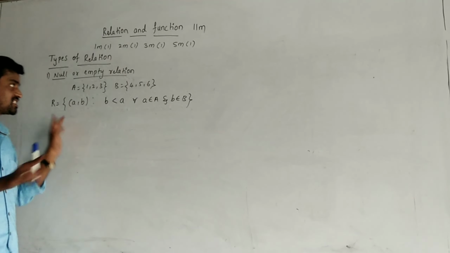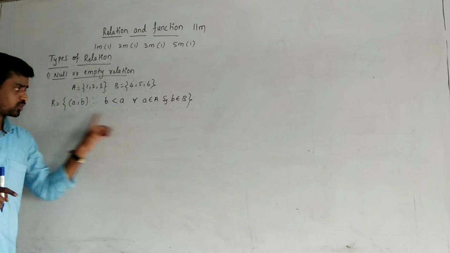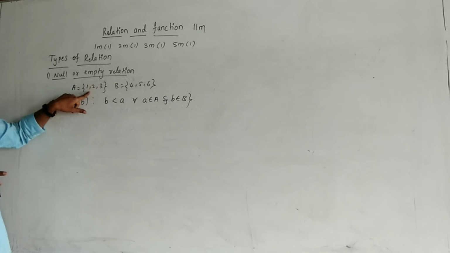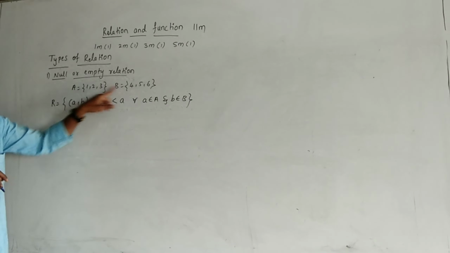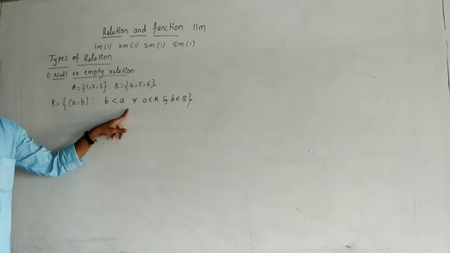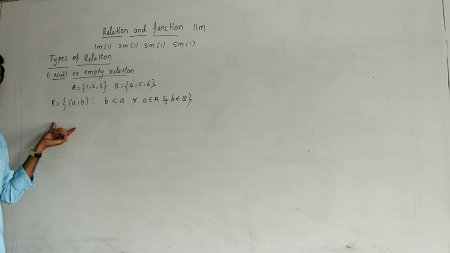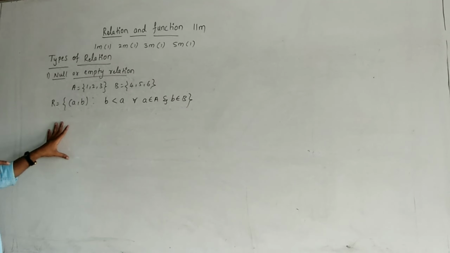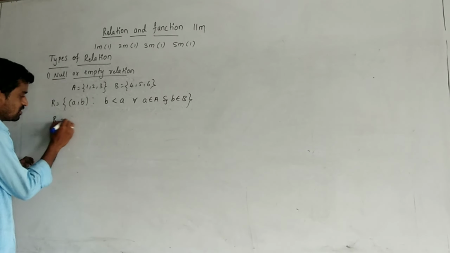A relation in which it is impossible to write any ordered pair is called an empty relation. The value of b is bigger than the value of a. The condition is b is less than a for a belongs to A and b belongs to B. If we cannot write even one ordered pair, we call it an empty relation. Therefore R is equal to the empty set.